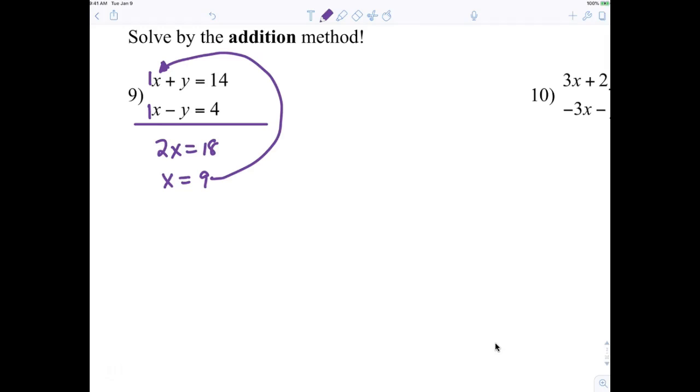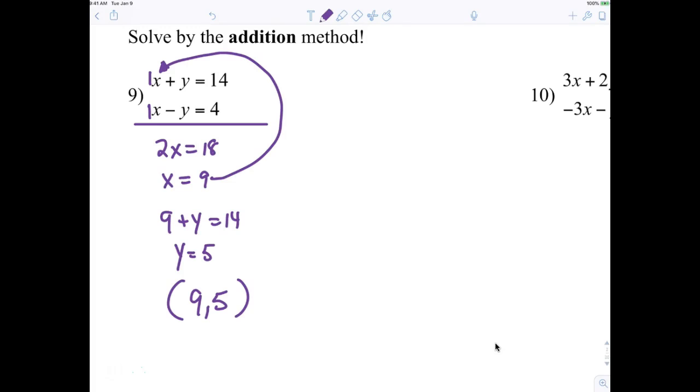Doesn't matter what equation, again, makes no difference. All right? So now we just have 9 plus y equals 14. So y is equal to 5. And if y equals 5, the solution then would be what? 9, 5. Is everybody feeling pretty good about that?